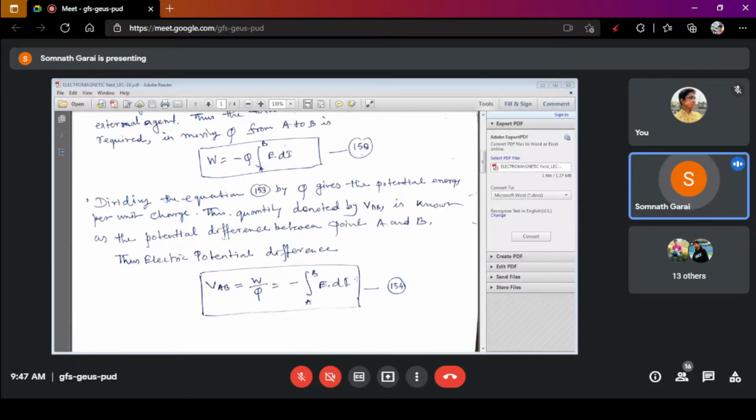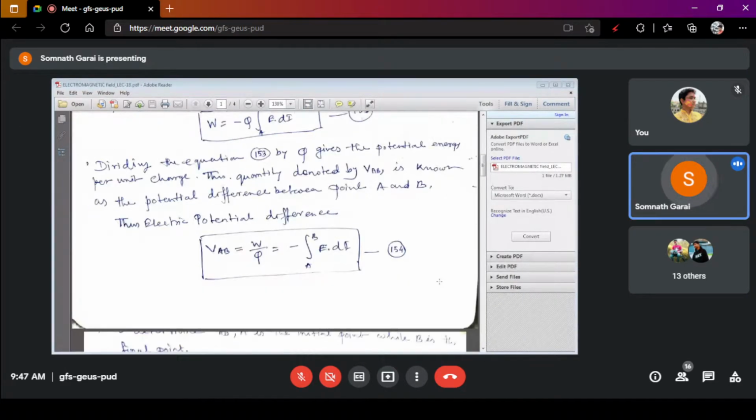VAB represents the electric potential difference when a point charge q moves from position A to position B. Equation number 154 represents the electric potential difference between A and B in the electrostatic field E.